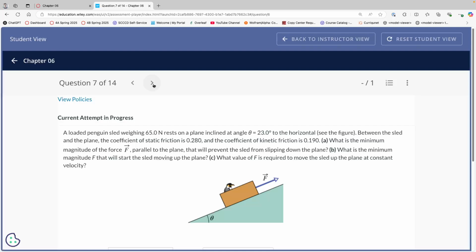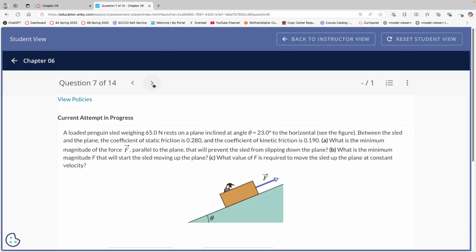In order for this to be the smallest it could ever be, we want to keep it from moving, right? So we know the acceleration's 0, and we know gravity's pulling it down the slope. How do we make this force as small as possible? Which way would static friction have to point? Up the slope.